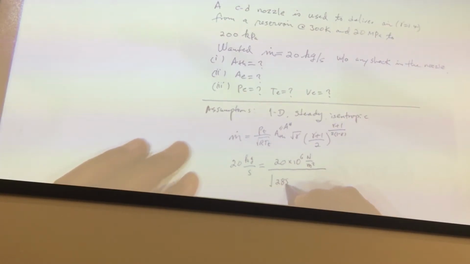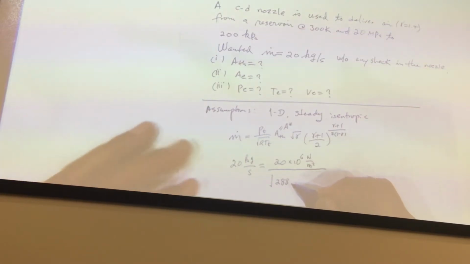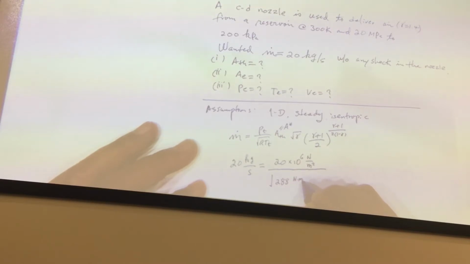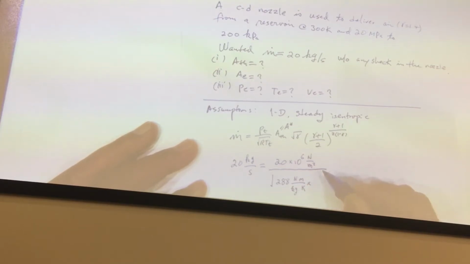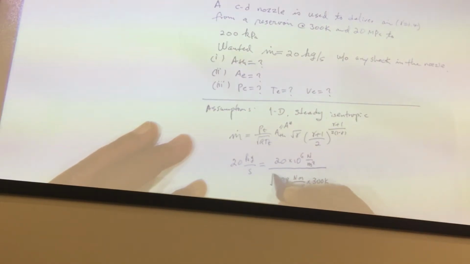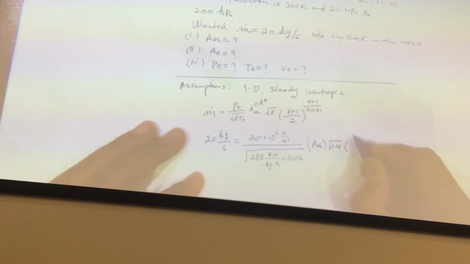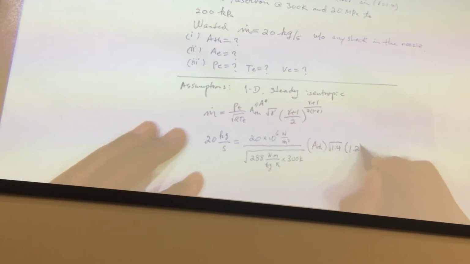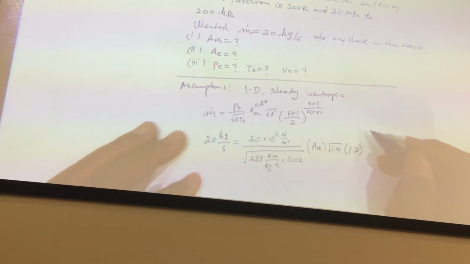I use 288 joule per kilogram per Kelvin, and joule is Newton times meter, per kilogram per Kelvin, times your TT, reservoir temperature, 300 Kelvin, times A throat that you don't know, times square root of 1.4, and this is 1.4, so 1.2, this is 2.4, this is 2.4, this is minus 0.8.